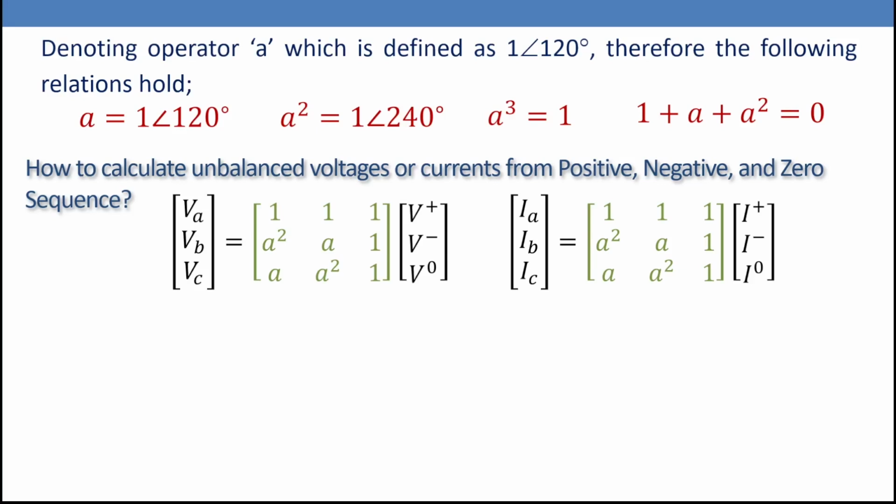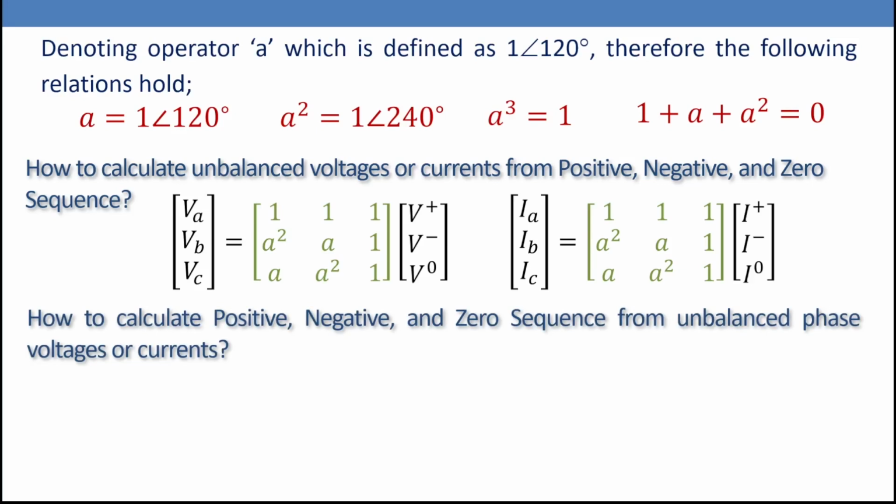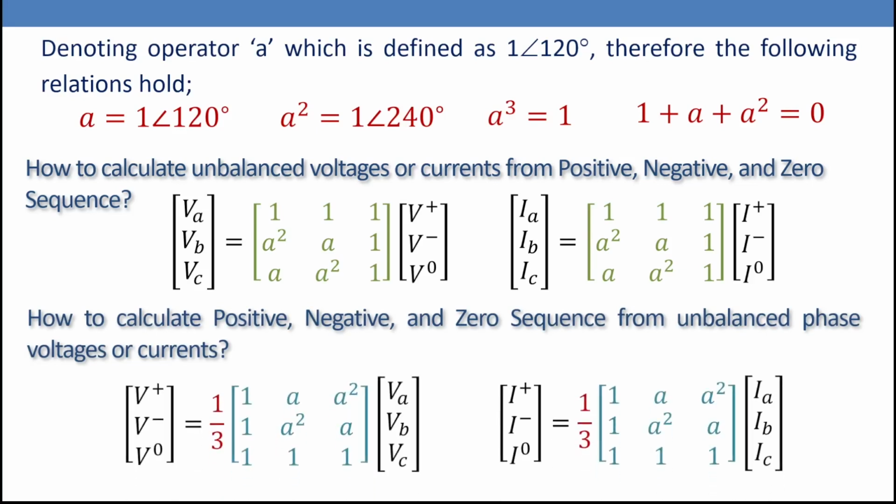But the question now: how to find the positive, negative, and zero sequences from unbalanced voltage? We are going to take the inverse of this matrix. In this case, V positive equals one third of VA plus a VB plus a squared VC. That is V positive for phase A. For phase B, you will have the same amplitude shifted by 120 degrees.